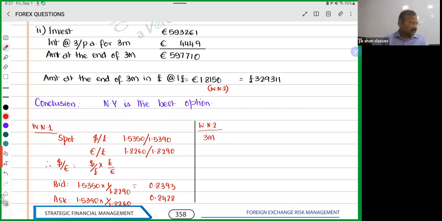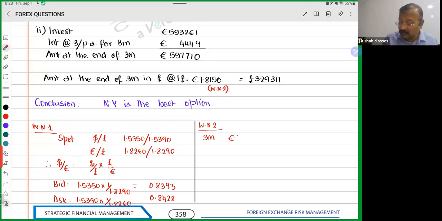3-month dollar pound is equals to, नहीं अपने को ये तो चाहिए नहीं ना. 3-month euro pound.